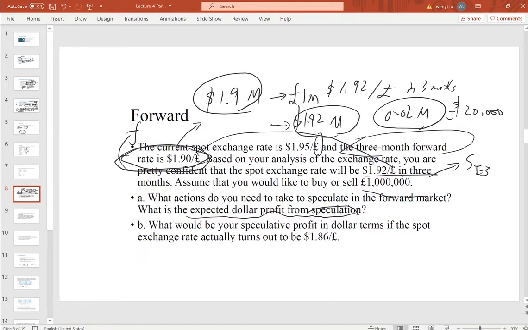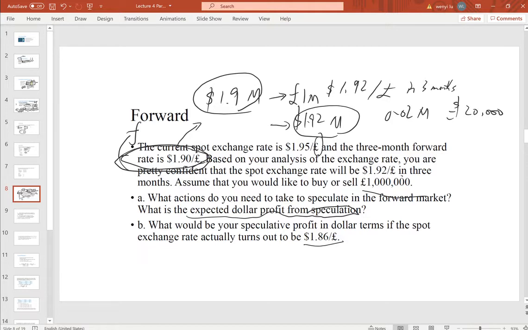Okay, next one. What would be your speculative profit in dollar terms if the spot rate actually turned out to be 1.86? Unluckily, right? In the future, the pound is even less expensive, but because you signed a contract already, you don't have the option.